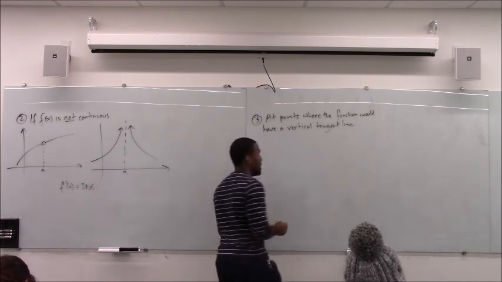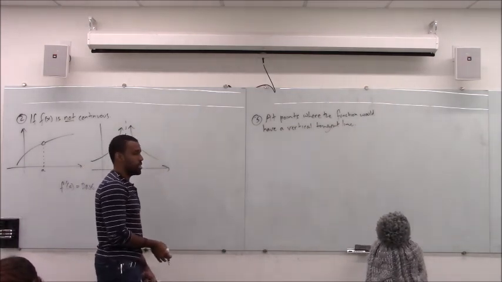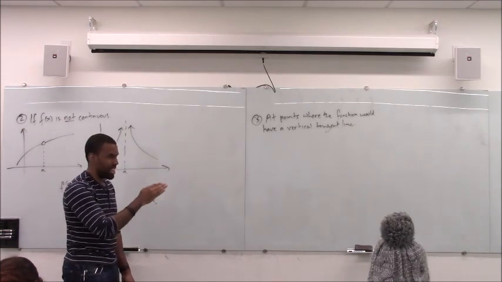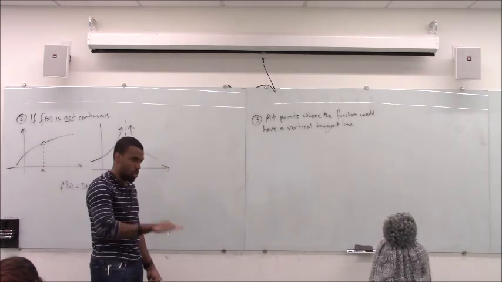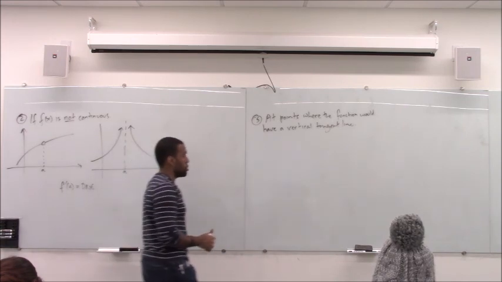Now, yes, functions have to pass the vertical line test, otherwise they're not functions. But some functions have this property where they go vertical for like a split second, literally like for 1 point, and then they come out of it, and at that point you won't be able to find a tangent line.